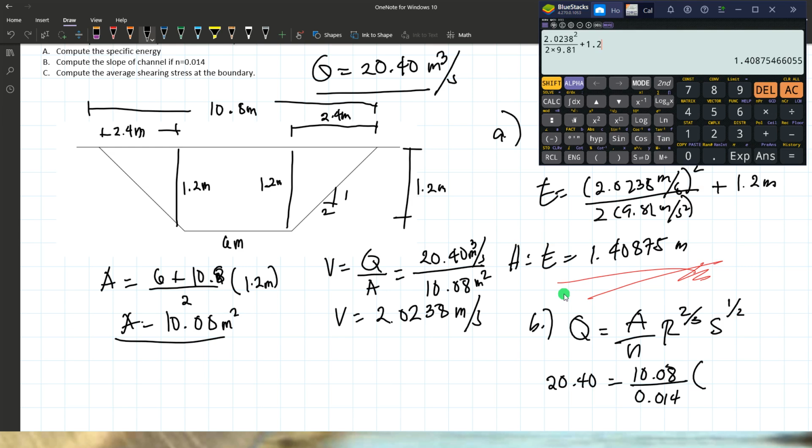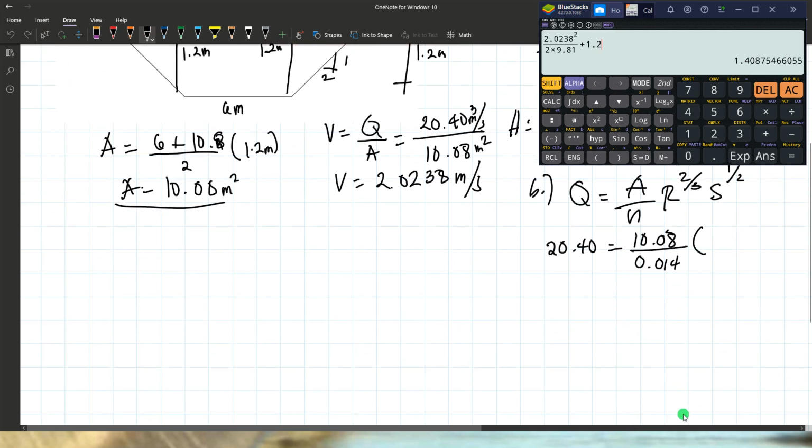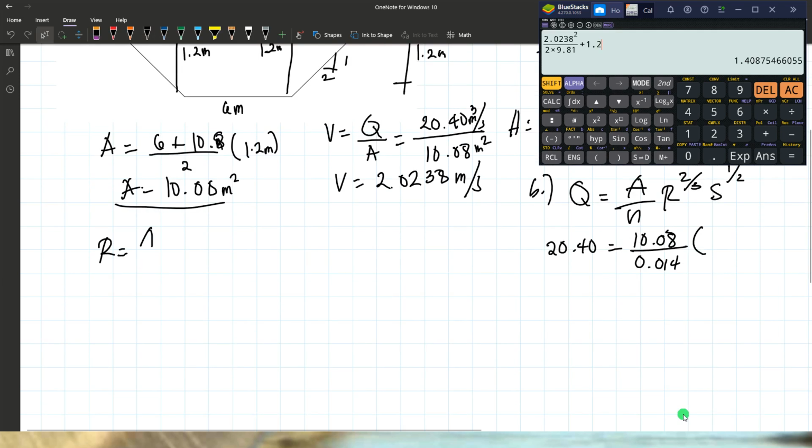R, the hydraulic radius, is still unknown. So we will solve first the hydraulic radius. Let's solve it right here. Area over wetted perimeter. So the area is 10.08 over wetted perimeter.